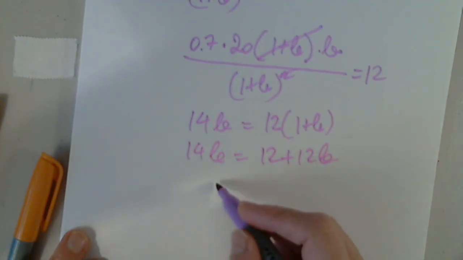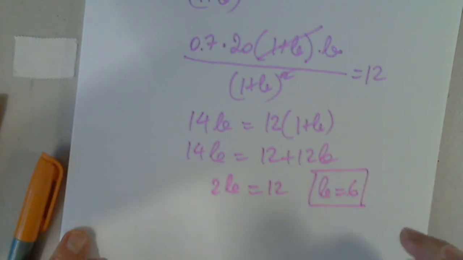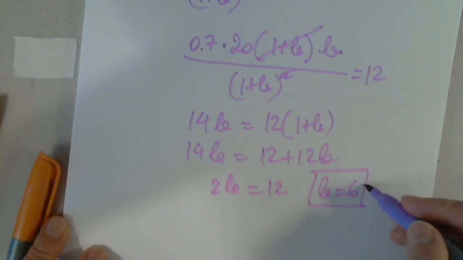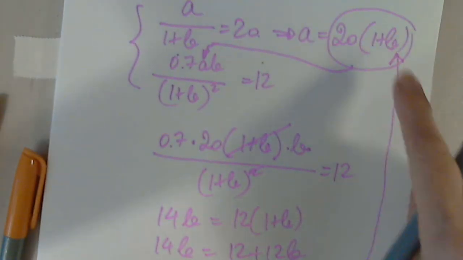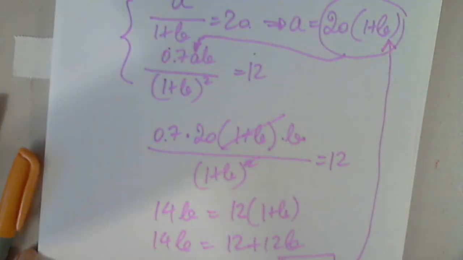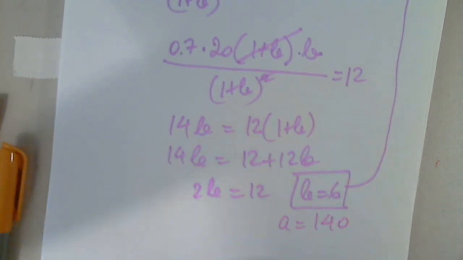I subtract 12b, so I get 2b equals 12, so b equals 6. With b equals 6, I go back to determine a. So 6 plus 1 is 7, so a is 140. So 7 times 20 is 140.